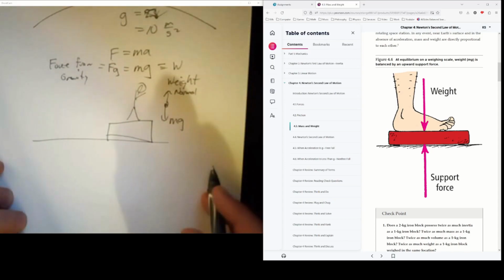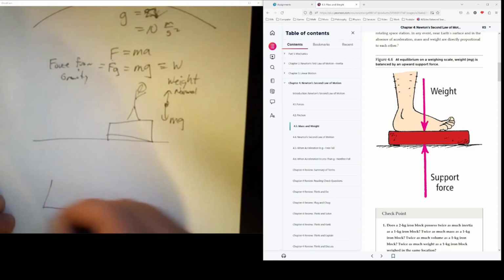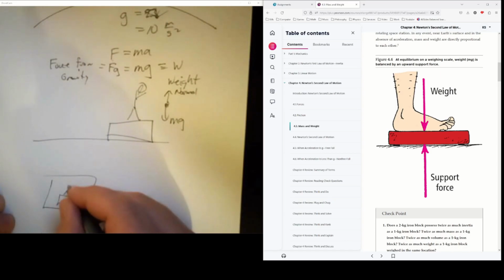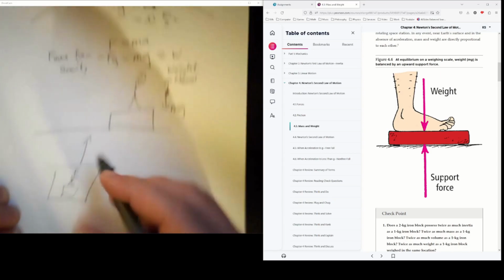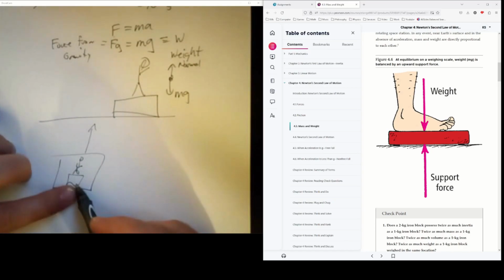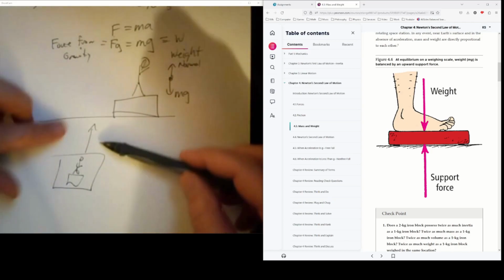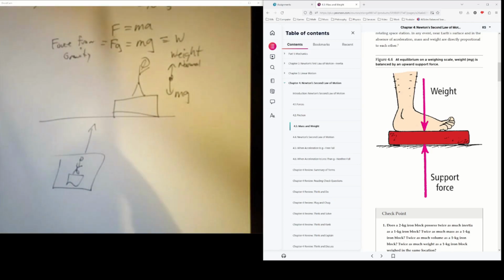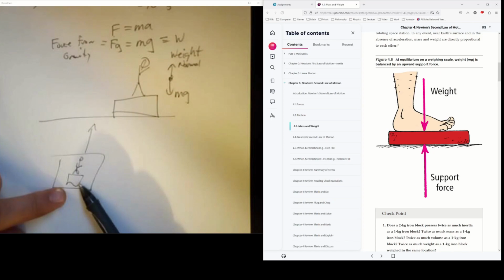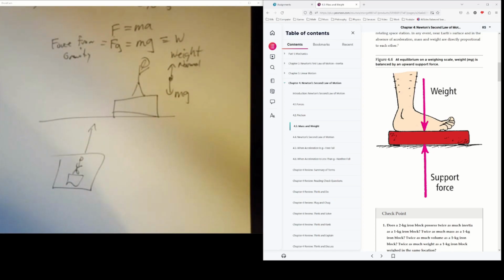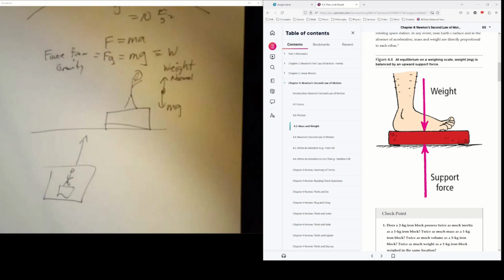And if you stand on a scale in an elevator and it moves up, well, then the scale isn't going to read your weight anymore, because if you're accelerating up, you're going to feel heavier. And the scale will read something heavier than you actually are. So I think their point they're trying to make here is that the scale only gives your correct weight when it's on a flat surface and there's no acceleration.